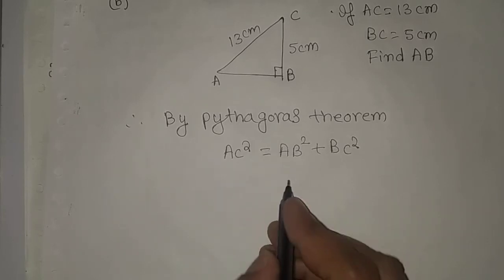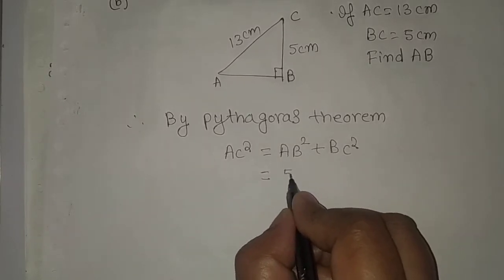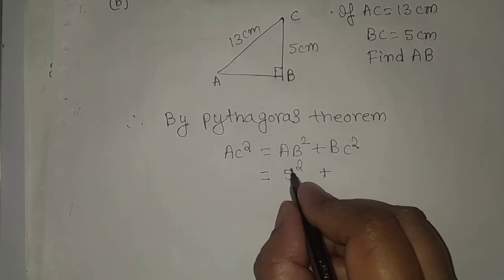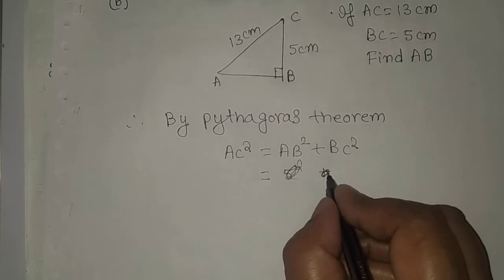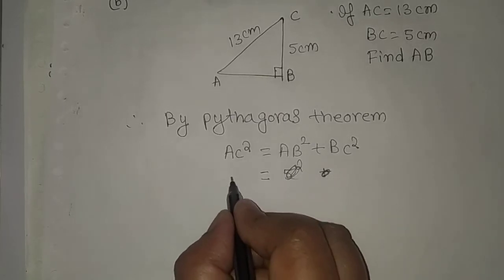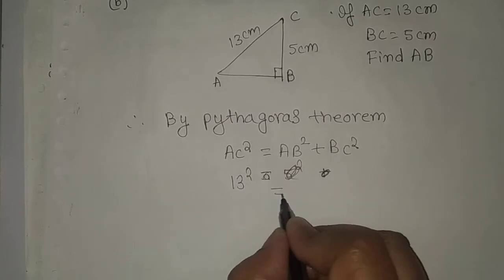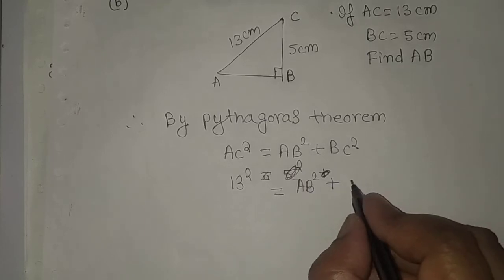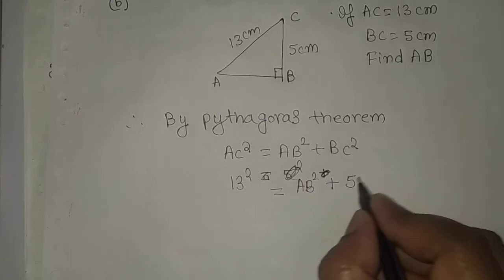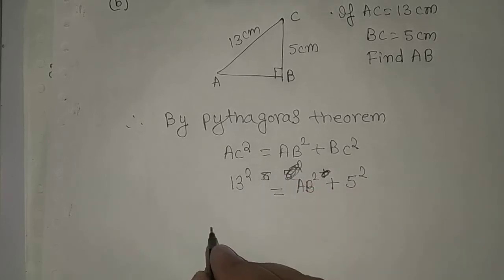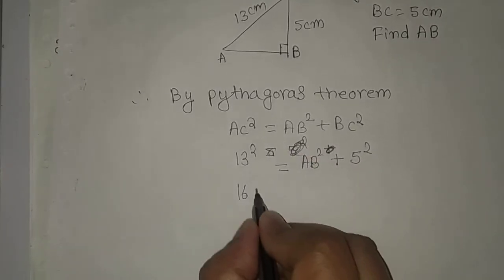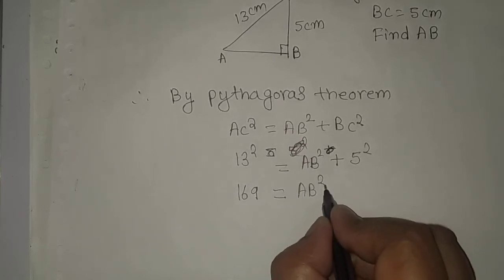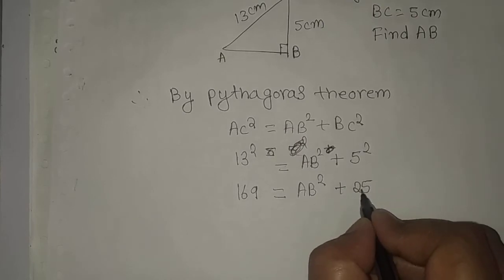Now just substitute the values. AC square is 13 square, equal to AB square plus BC square, which is 5 square. So 13 square is 169, which is equal to AB square plus 5 square is 25.